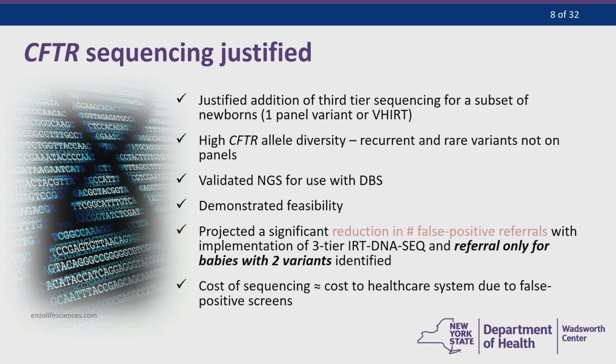And we were actually able to justify this to the Department of Health by demonstrating that the added cost of sequencing to our program was about equivalent to the cost savings by not referring all of those carriers and unaffected babies for these clinical workups.